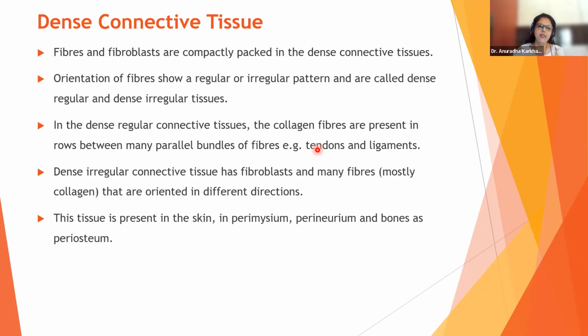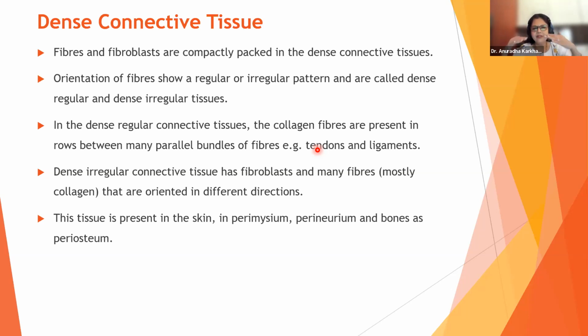Dense connective tissue is the second one. Fibers and fibroblasts are compactly packaged into the dense connective tissue. There it was loose, it was scattered. Here it is compactly arranged. Orientation of fibers shows a regular or irregular pattern and they are called dense regular tissue and dense irregular tissue.